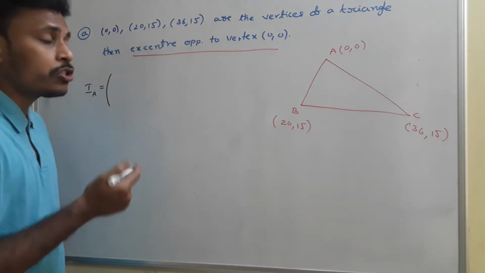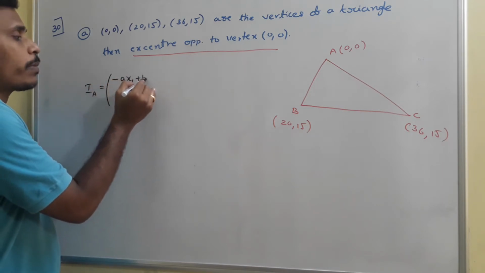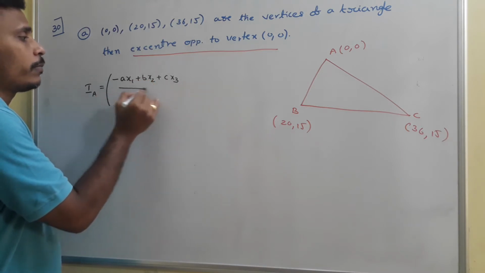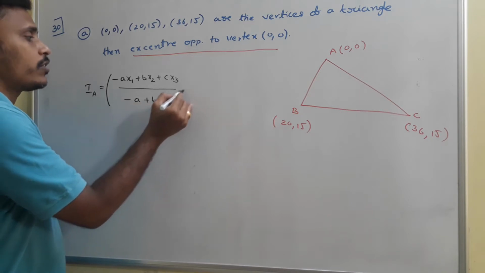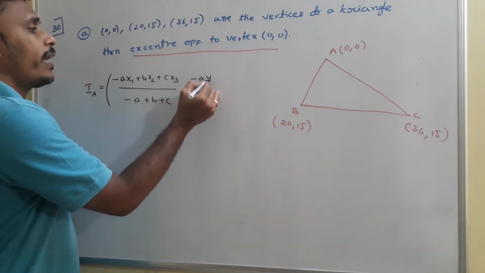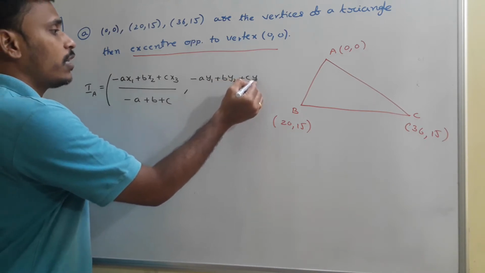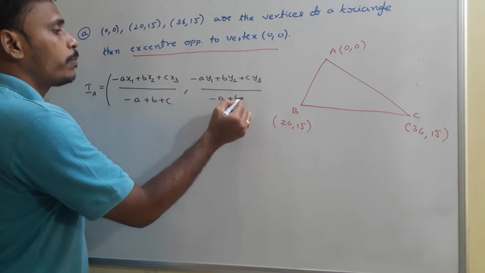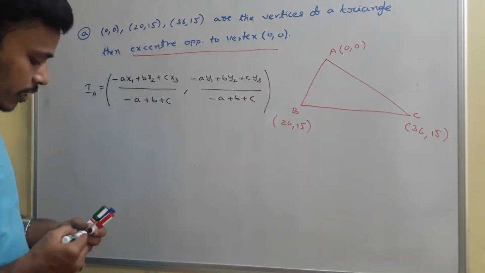Since it is opposite to A, the formula is: (minus a x1 plus b x2 plus c x3) divided by (minus a plus b plus c), comma, (minus a y1 plus b y2 plus c y3) divided by (minus a plus b plus c). That's the formula to find the excenter.